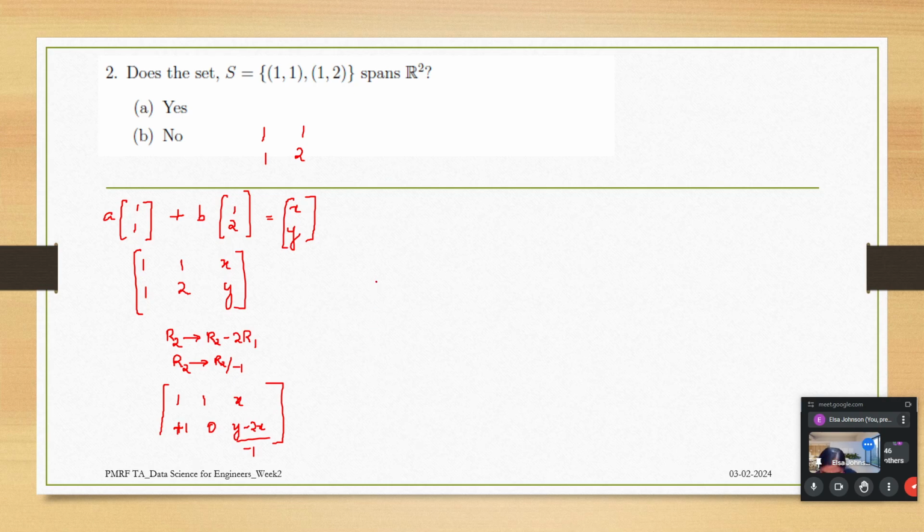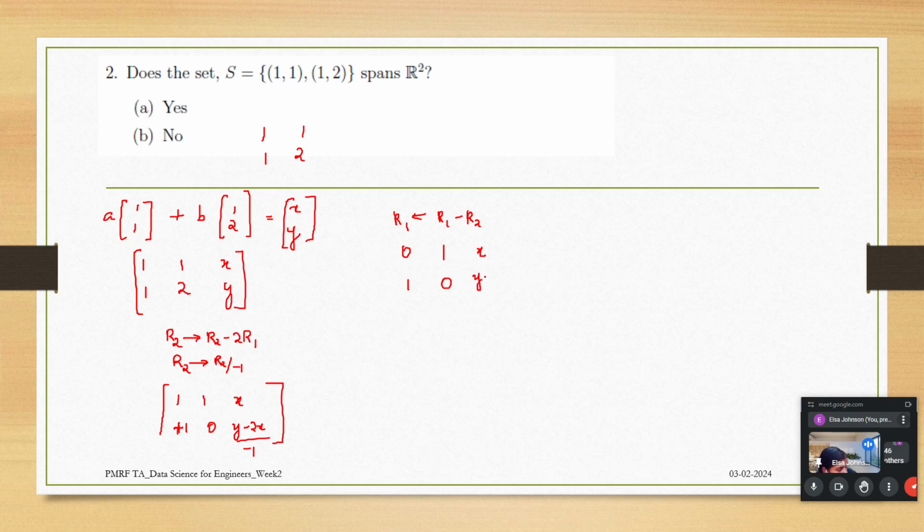Then here you can see it is like 1 1 and 1 0. Then again if you do r1 given by r1 minus r2, it will be coming like 0 1 and here x, then 1 0. I'm just reducing it.